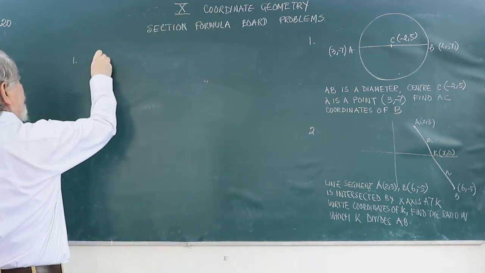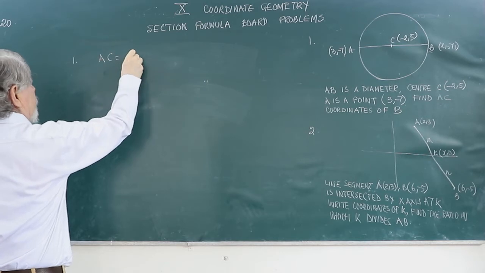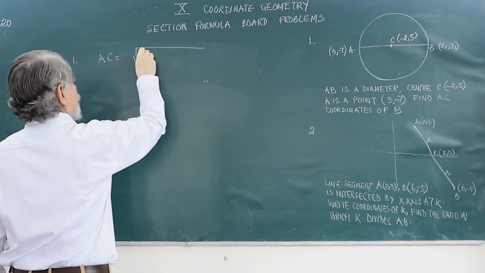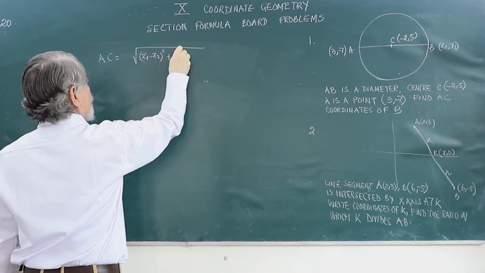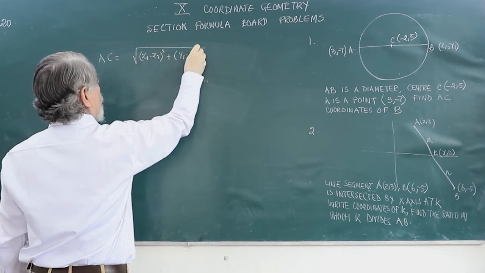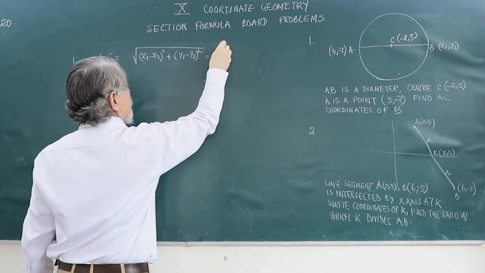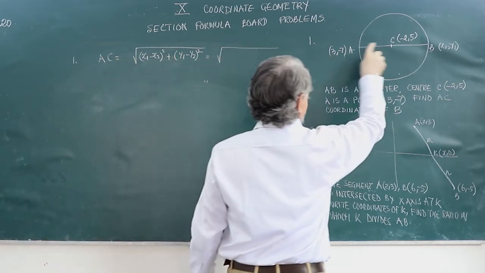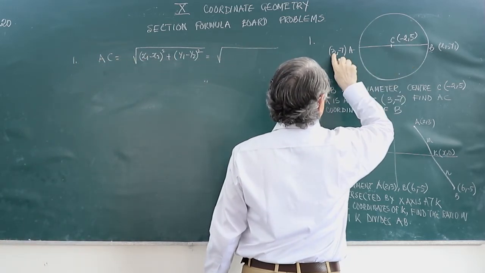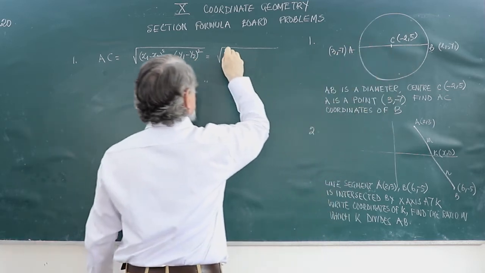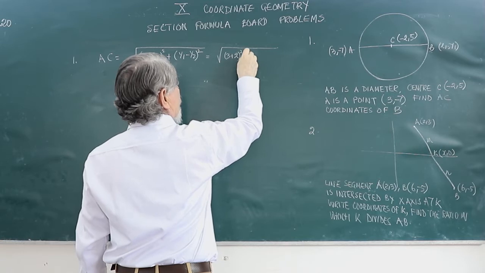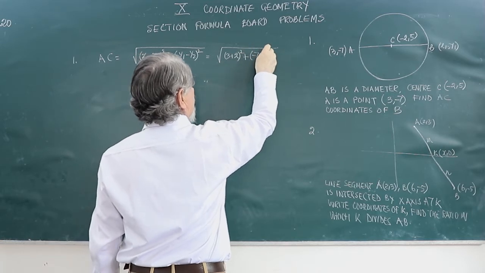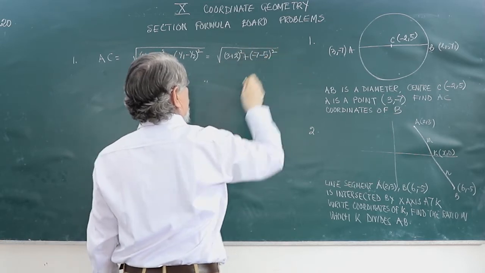What is AC? AC would be under root (x1 minus x2) whole square plus (y1 minus y2) whole square. That is 3 minus minus 2, so it will become (3 plus 2) whole square, plus (minus 7 minus 5) whole square.